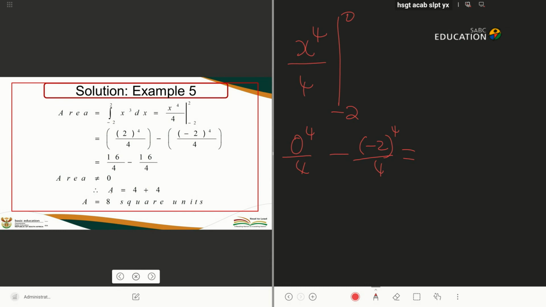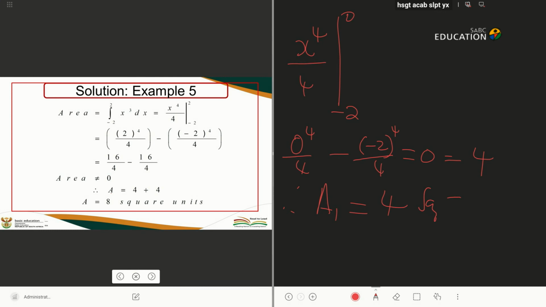This is going to give you 0, because 0 divided by any number is equal to 0, minus negative 2 to the exponent of 4, which is 16. 16 divided by 4 is equal to 4. Therefore, we can say area number 1 is equal to 4 square units.